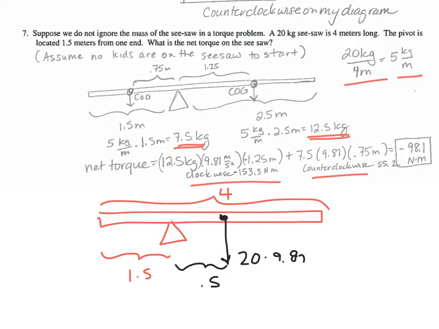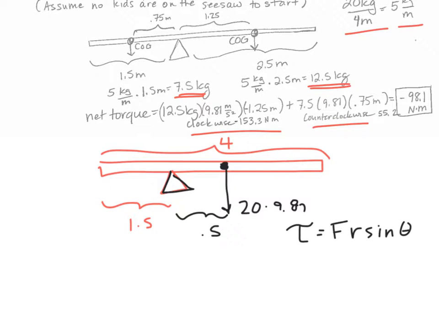To find the net torque, all I need to do is pick a pivot, find the center of gravity of the whole seesaw, and then use the torque equation. So the torque is equal to 20 kilograms times 9.81 times 0.5, times the sine of 90 degrees, because the angle between the force and the distance is 90. And that's 1, so I don't need to worry about that.